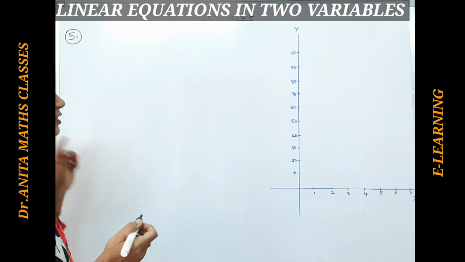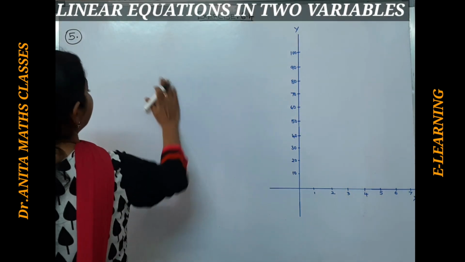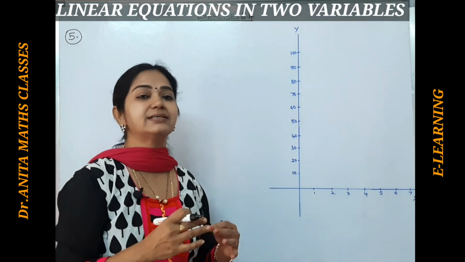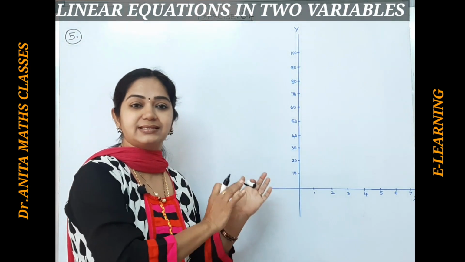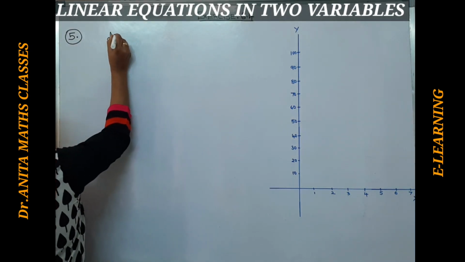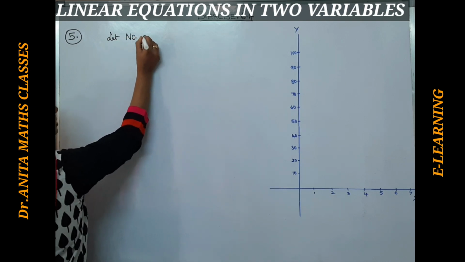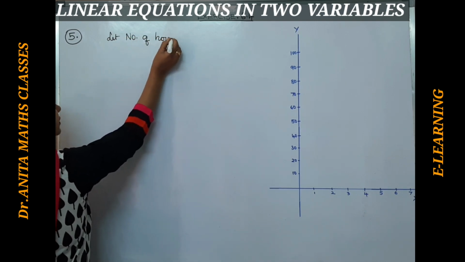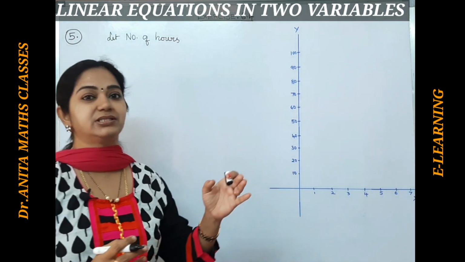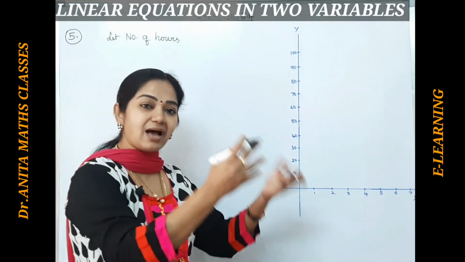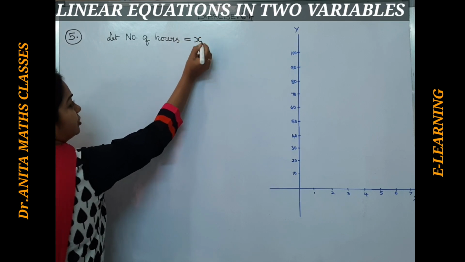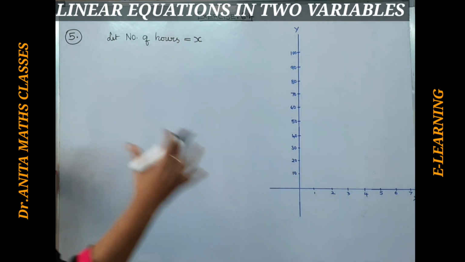From here, first let us mention the data. Because this is a linear equation in two variables, let us suppose some situation as x and some situation as y. Let the number of hours, that means how many hours the car is parked, be x.